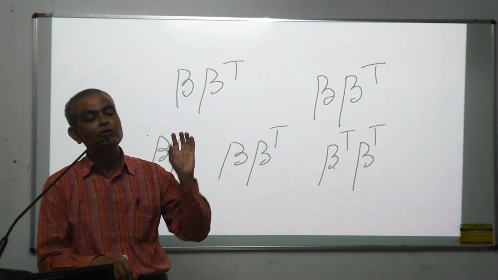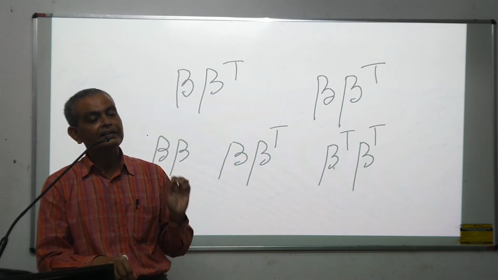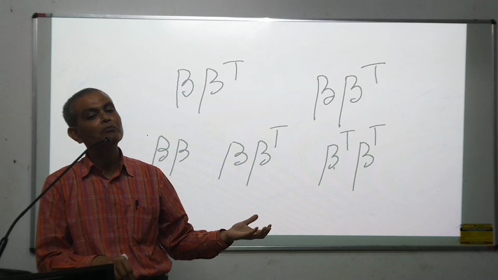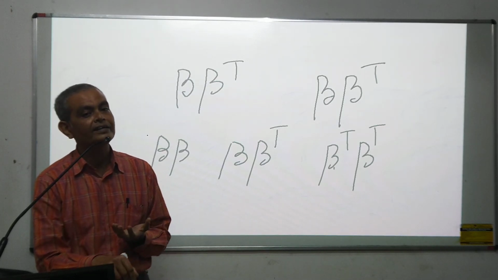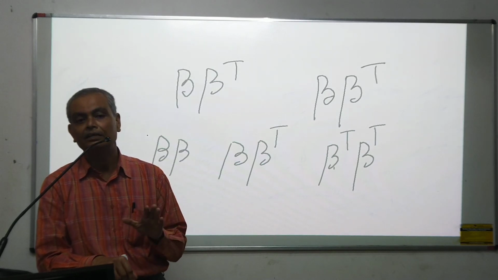If there is a marriage between a normal person and a thalassemic carrier, then in that case 50% of babies will be normal and 50% will be carriers. No question of producing any thalassemic child.